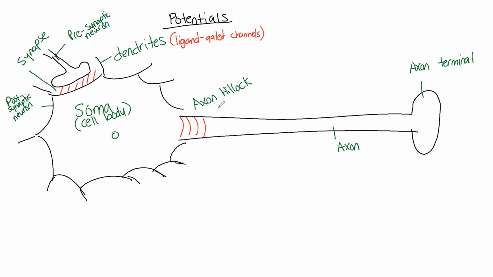At the axon hillock, we've got voltage-gated channels. Similar, but here a specific voltage needs to be met in order for the channel to open. Along the axon, we've also got voltage-gated channels as well as leak channels.